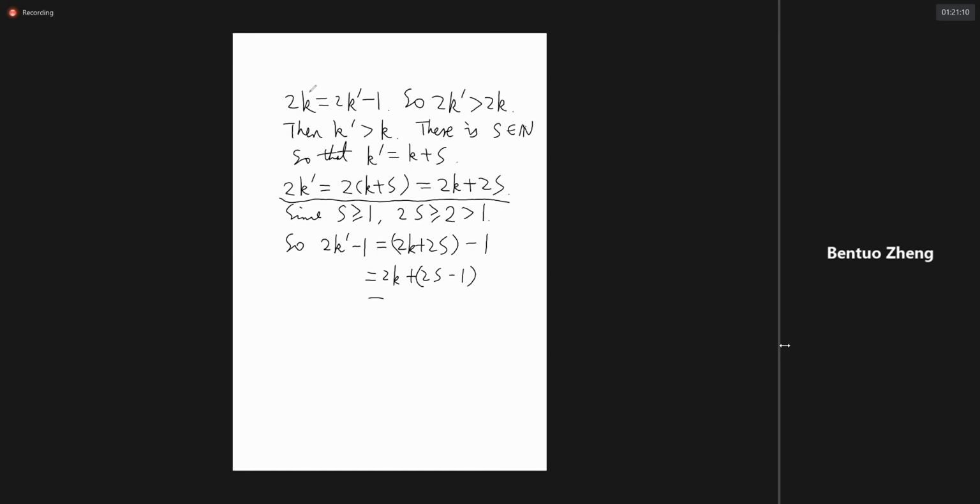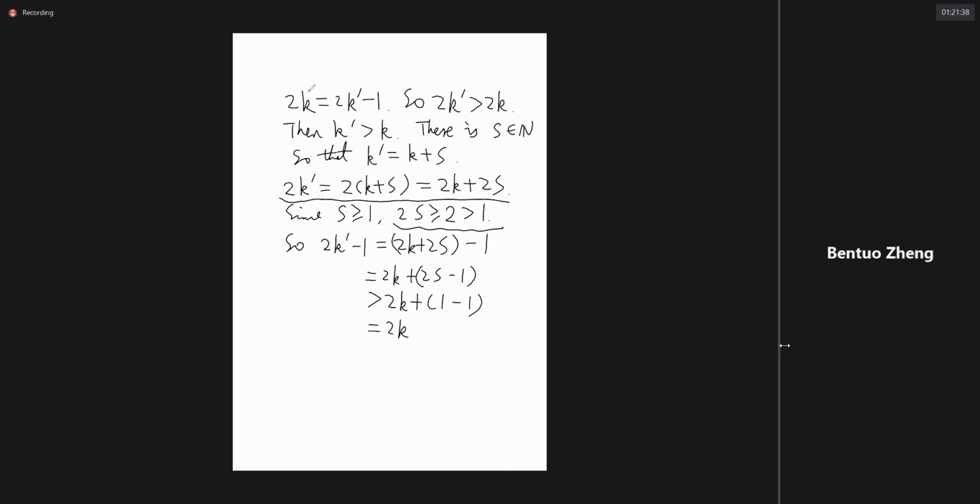But 2s is greater than 1, so this is greater than 2k plus 1 minus 1, because 2s is greater than 1. So this is equal to 2k.